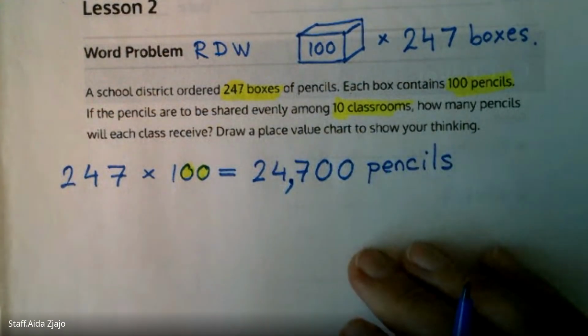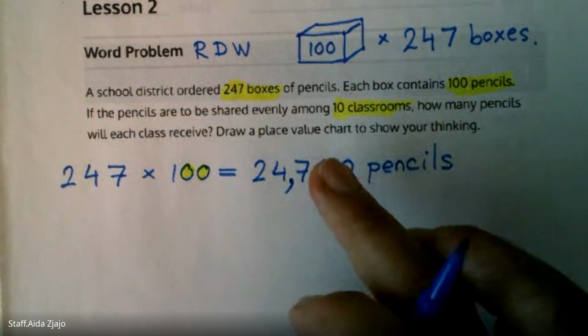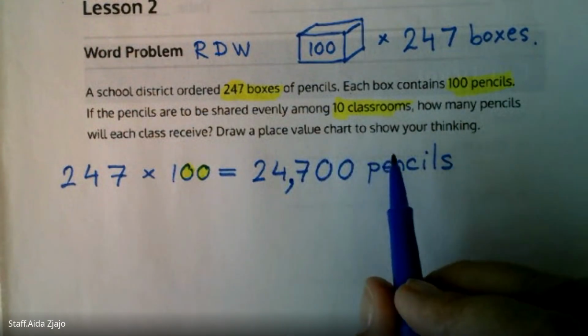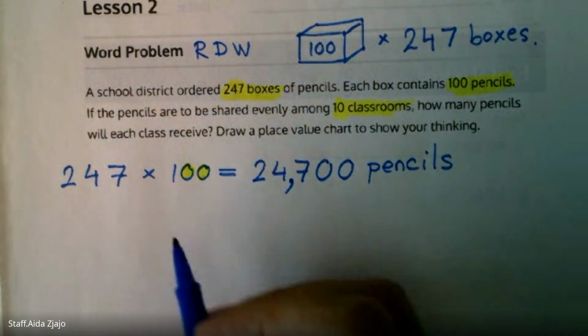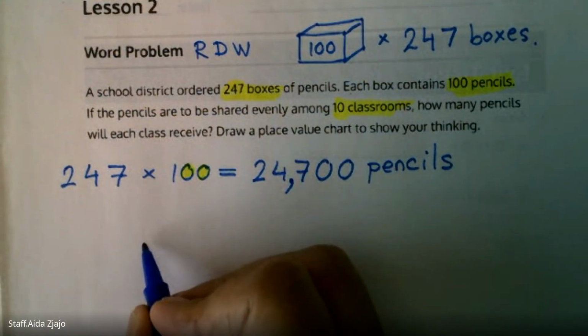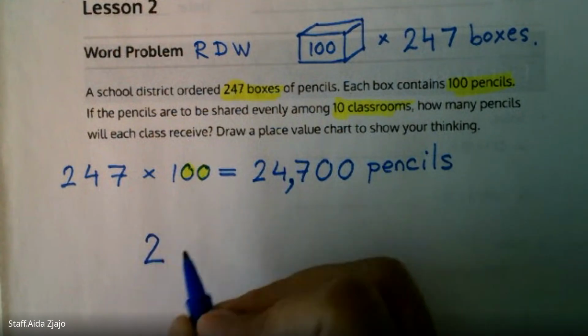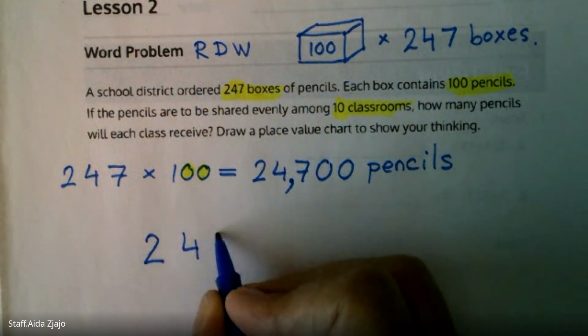But because they said to try a place value chart to help you, you can also do that. Sometimes instead of doing the whole chart, Mrs. Z likes to make nice and big numbers like this.